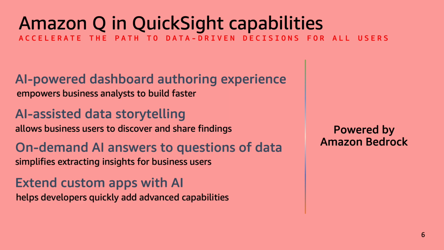When it comes to on-demand AI answers to questions about data, we spoke about natural language queries, so you can ask questions about your data in plain English, without needing to know how to write SQL or data structures in SQL. Q really understands the context of the previous questions that you ask, and can also handle follow-up queries intelligently.